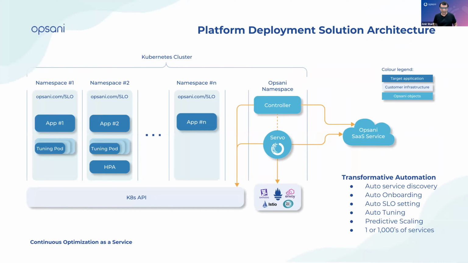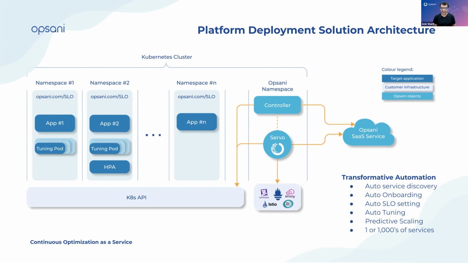And what the platform looks like is as follows. You have your Kubernetes cluster. You have the various namespaces where your products or services are being developed. It takes a tuning pod. That tuning pod is basically a canary instance. The reason we call it a tuning pod is because not everybody understands what a canary instance is. It's basically using the load balancer, we siphon off a small portion of the traffic for us to run our experiments in.